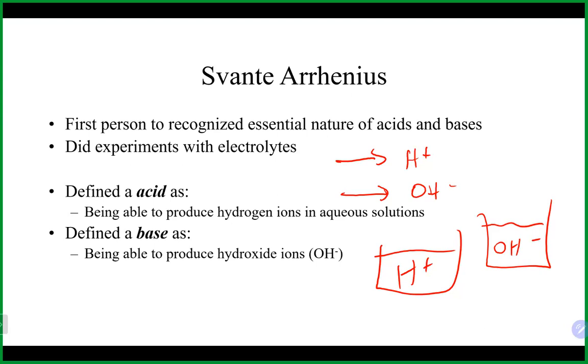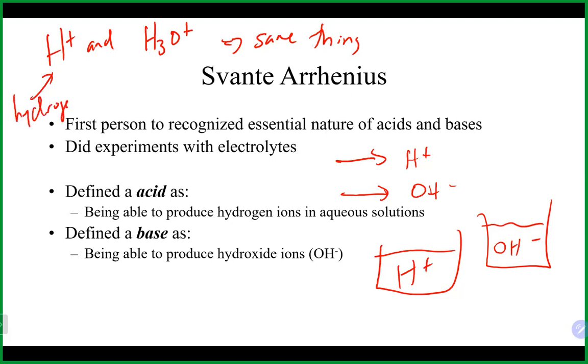One really important thing about H+ and acid-base chemistry is that H+ and H3O+ are pretty much the same thing. H+ is the hydrogen ion, and H3O+ is the hydronium ion, which is a polyatomic ion.